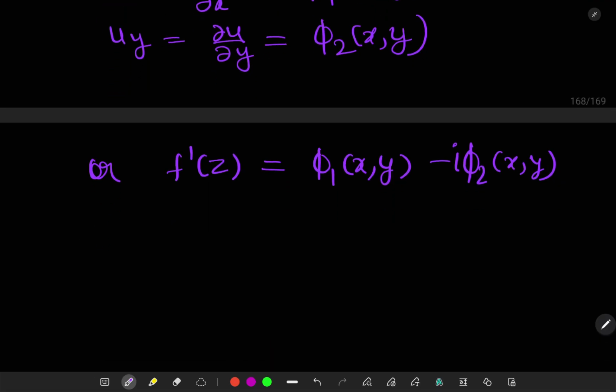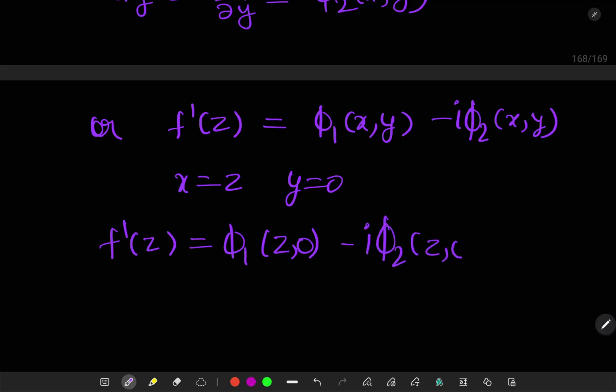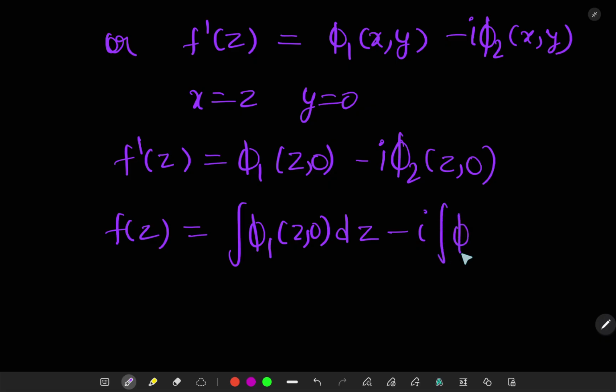Or for finding the f(z) value, we use here putting x equals to z and y equals to 0. So this becomes this, and then integrate this term. We find the value of f(z), plus c.